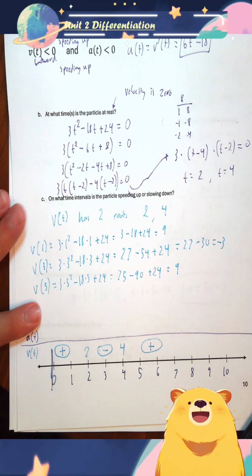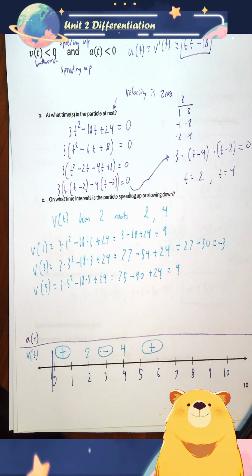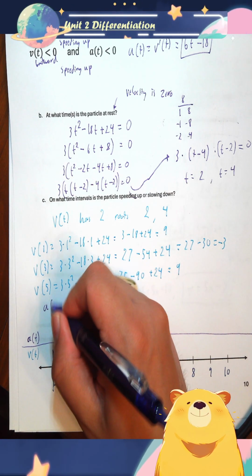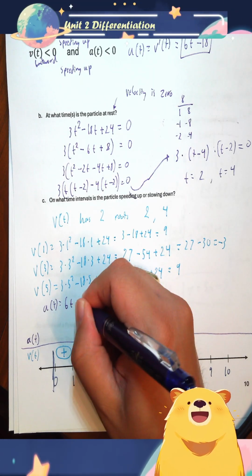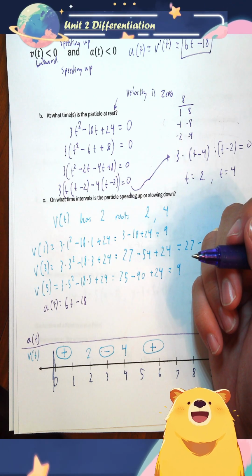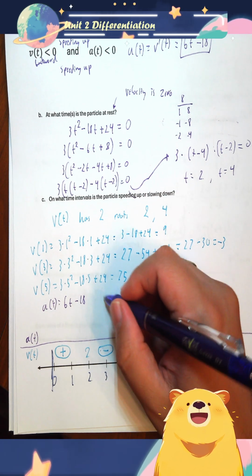But this time we don't have the roots of acceleration, but we can easily figure it out. We know the acceleration function was defined as 6t minus 18. Well, it's a linear function, so we know it's going to cross the x-axis only once. So let's just solve for it.